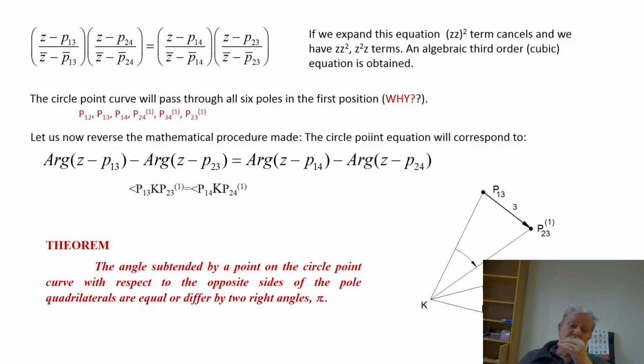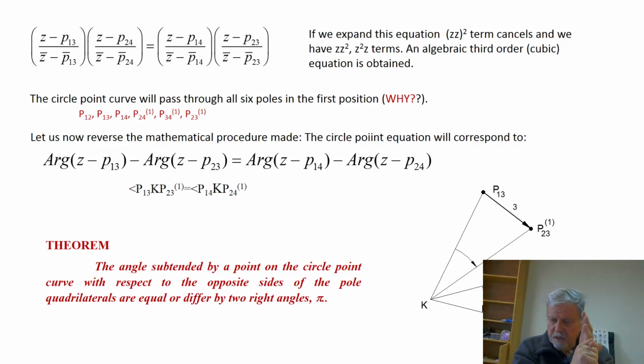Now I can do the reverse. This is the pole. Okay, let me say a few things about this curve. Number one, this curve has to pass through the poles P12, P13, P14, P241, P341, and P231. Can you think why? Okay, let me say that. Take P12.